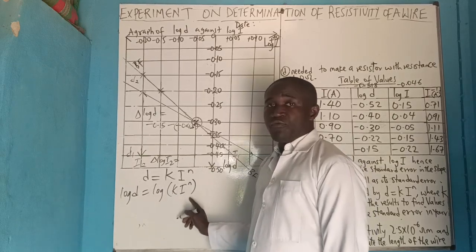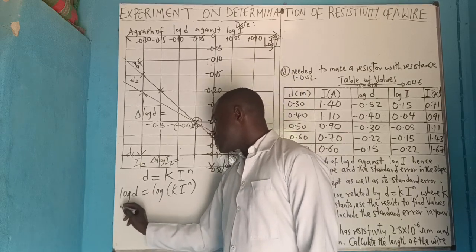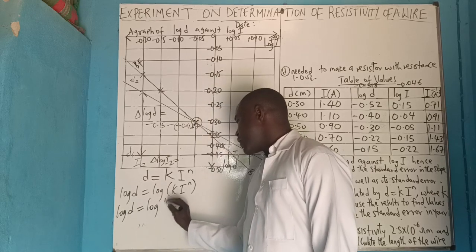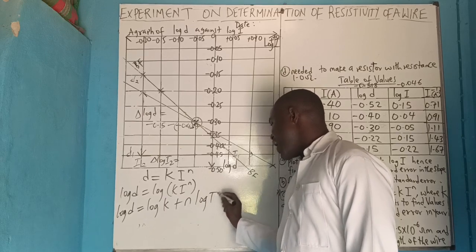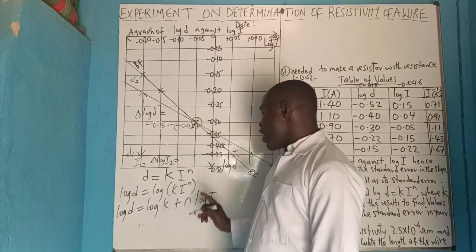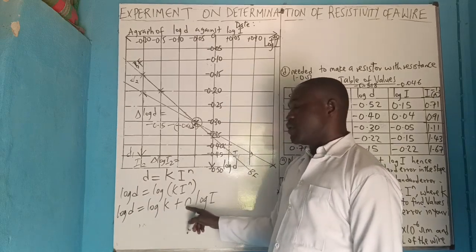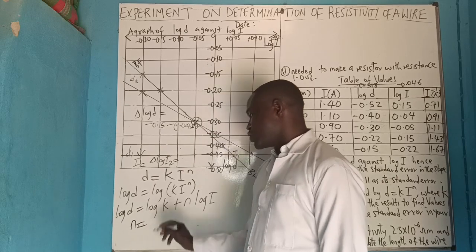Now applying the law of logarithm, the multiplication or addition law, we say log d equals log k plus n log I. That means when you plot the graph of log d against log I, n will be your slope.